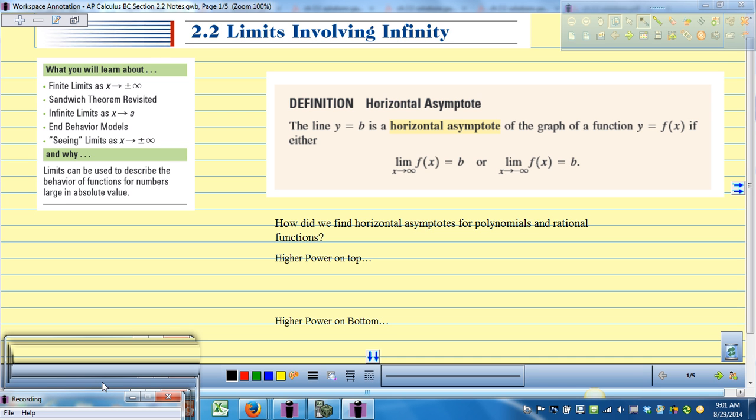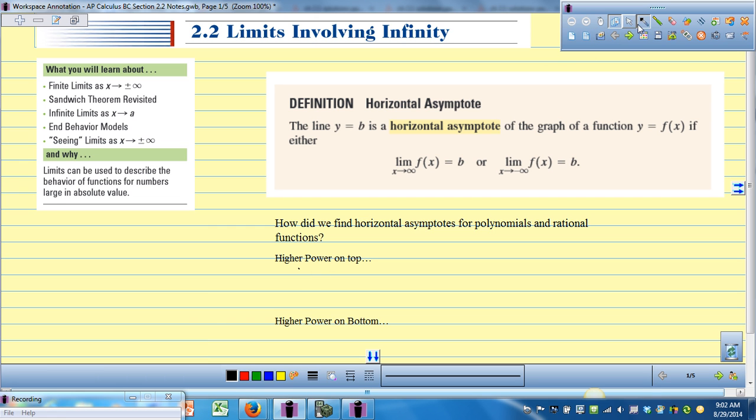Basically, yeah. When we are looking for the horizontal asymptote, we are looking at a function to see what's happening way out when x is huge, either in the positive or the negative direction. So we are taking a limit as x goes to positive or negative infinity. And we just didn't always call it that in pre-calc.